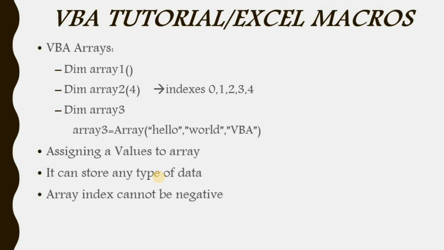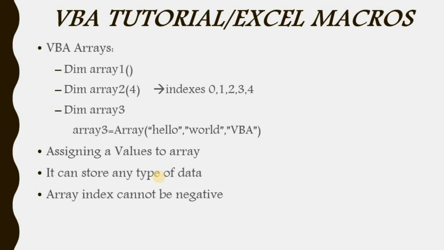How to assign a value to an array is just like accessing a value in other programming languages. If you want to access the array index of 0, you can write array(0) or array(1).